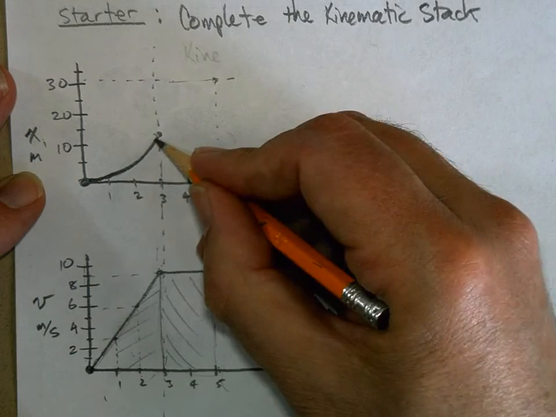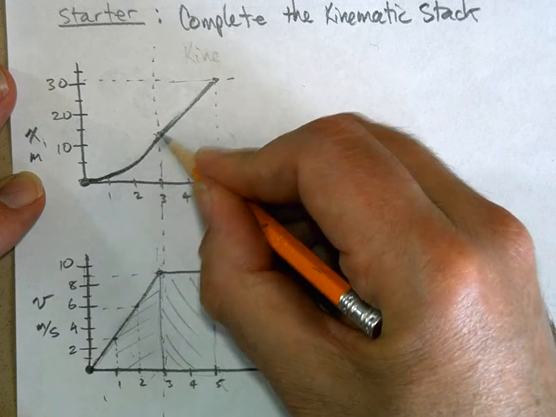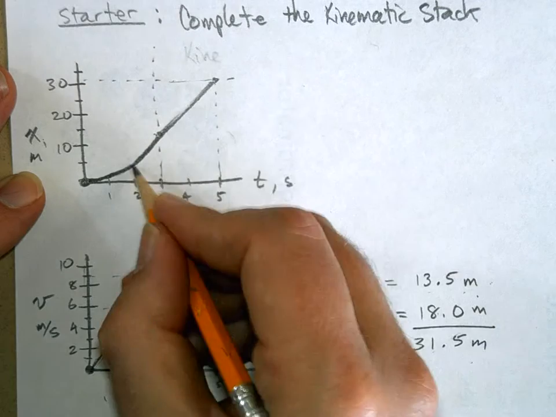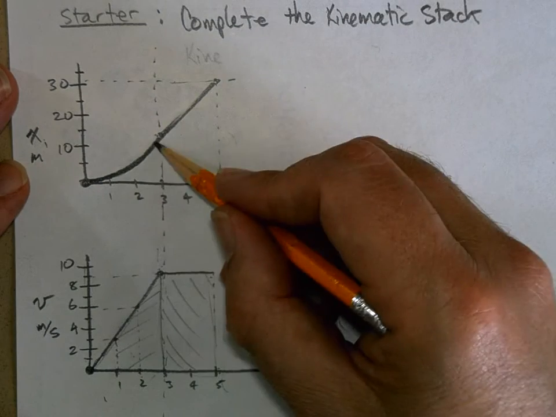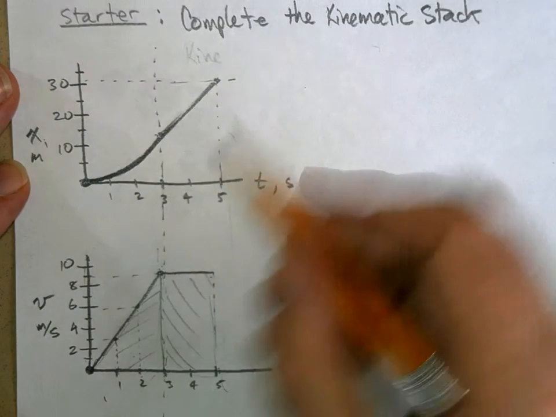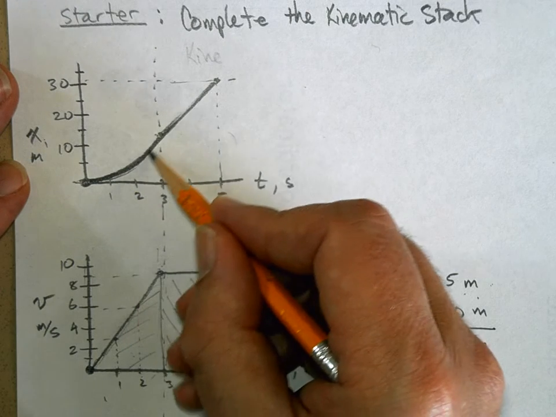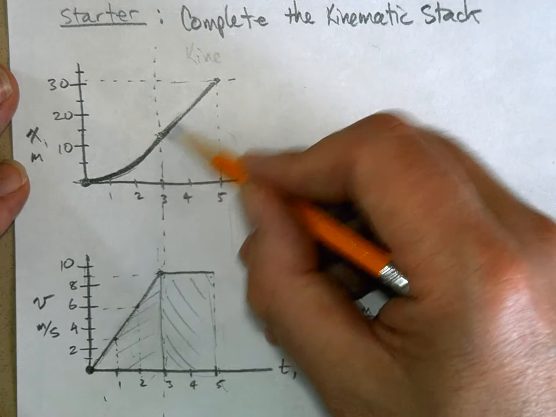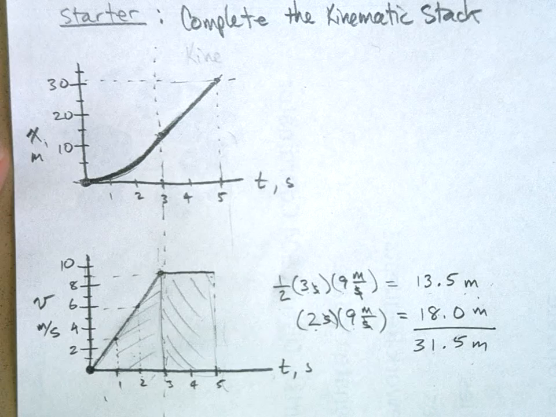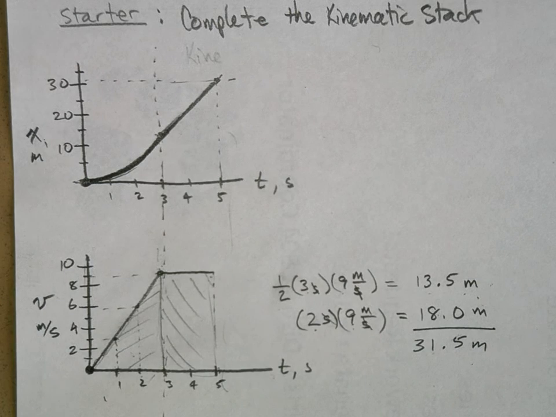And then you get here. Oh, I didn't draw that very well. This should be a little bit smoother. But you start with a 0 slope, increase your slope until you've reached your maximum velocity. That's the maximum slope. Then for the last 2 seconds, the slope stays the same. And there's your position versus time graph.